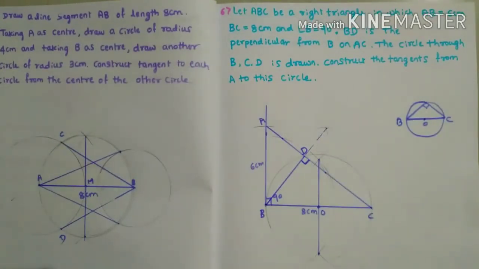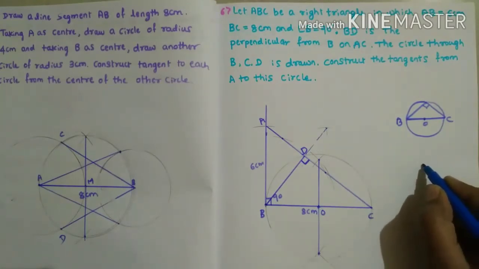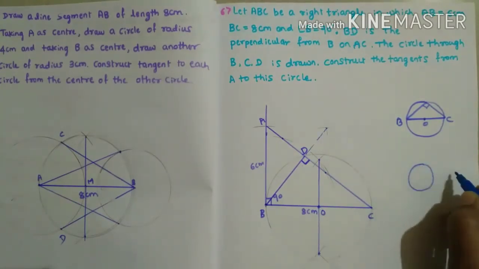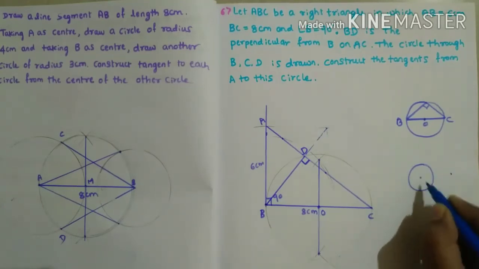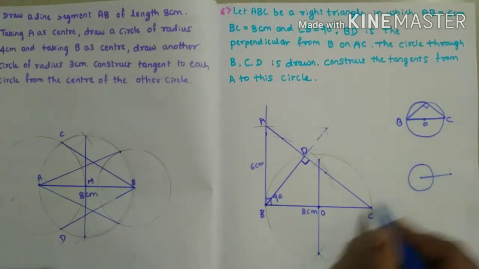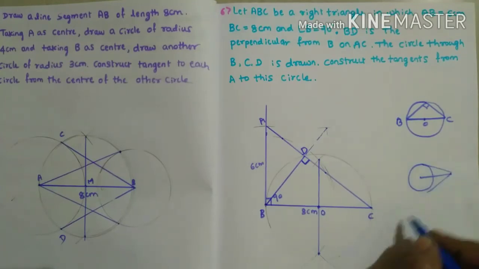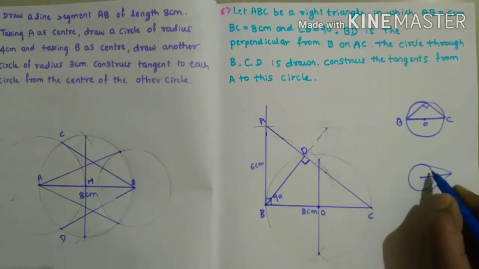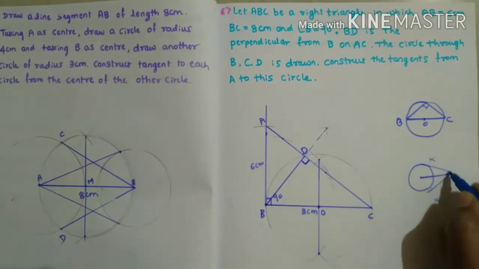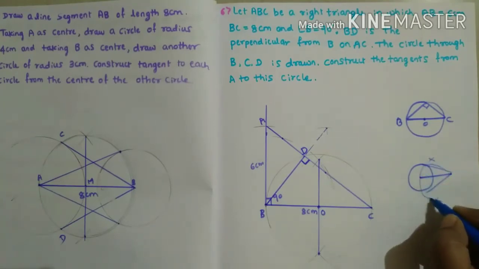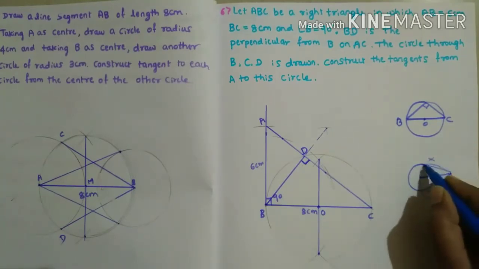If you want to construct a tangent to any circle, from a point, you will first join it to the center. Then we will draw the circles like this. For that we have to bisect this line, and we will draw one more circle where it is intersecting.